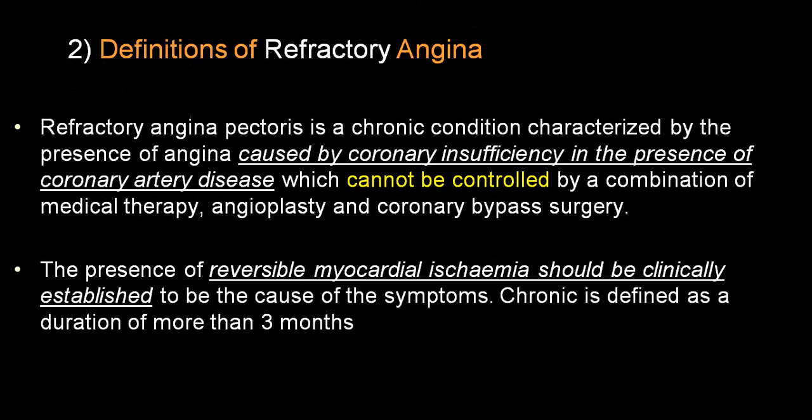So we'll be using some of those. Refractory means when the person gets chest pain which cannot be controlled by a combination of multiple medical therapies, then we call that refractory angina, which people invariably require angioplasty or coronary bypass surgery for.